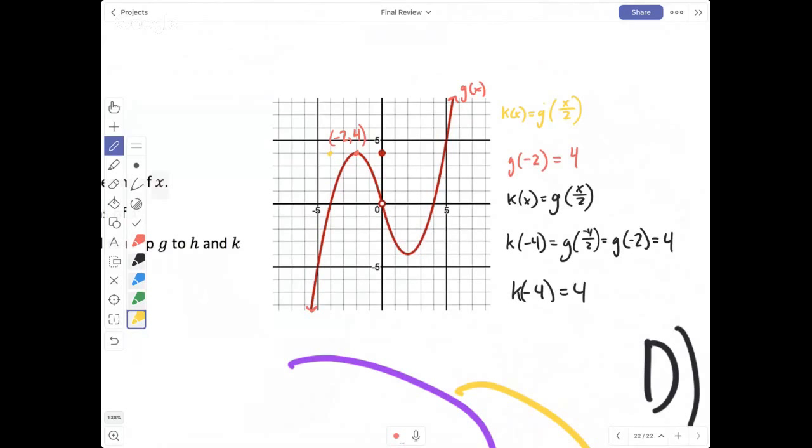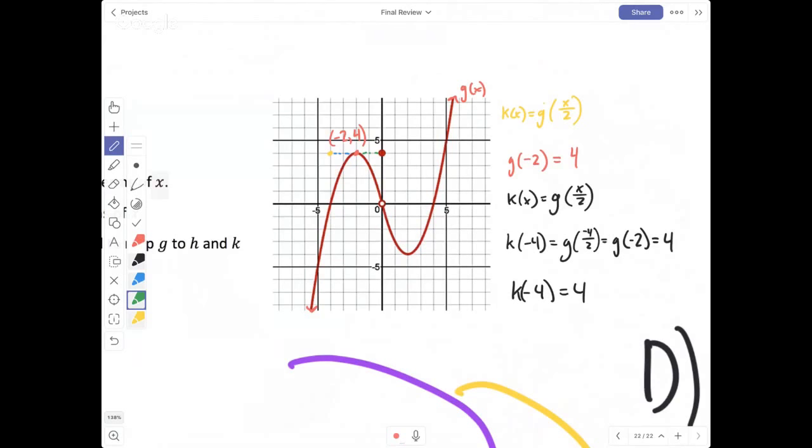So what happened was this point, -2, 4, got stretched away from the y-axis by a factor of 2. That's what's happening here. Dilate about the y-axis by a factor of 2. So this point stretched away from the center, the y-axis, by a factor of 2. See, it was 2 spaces away, and now it got stretched out another 2 spaces away to that spot.